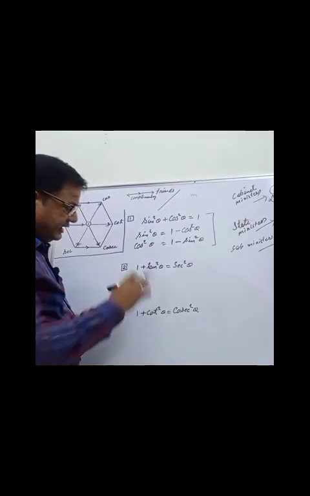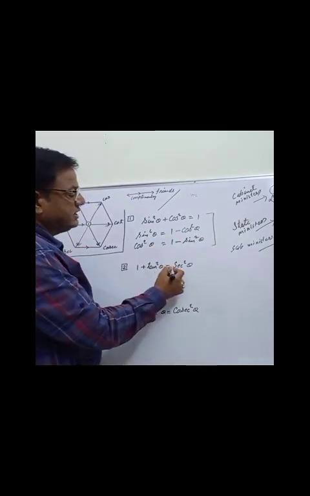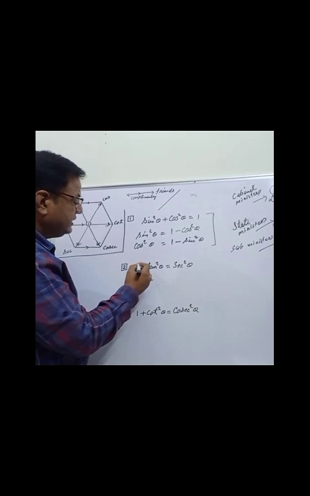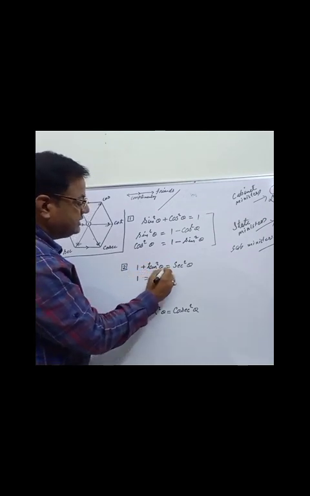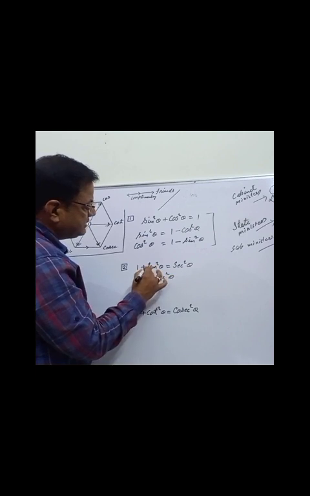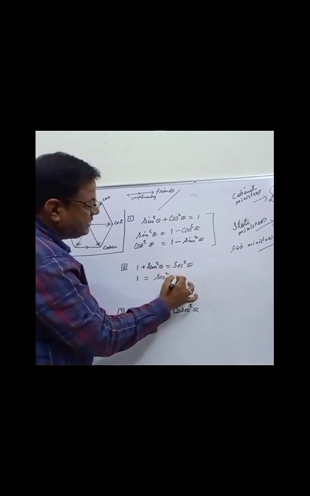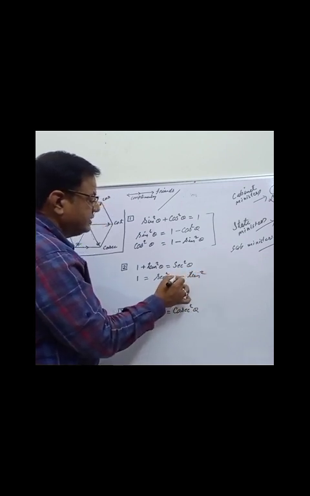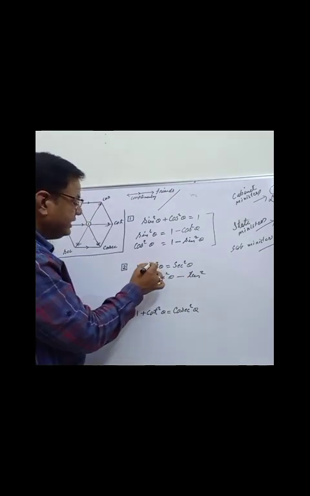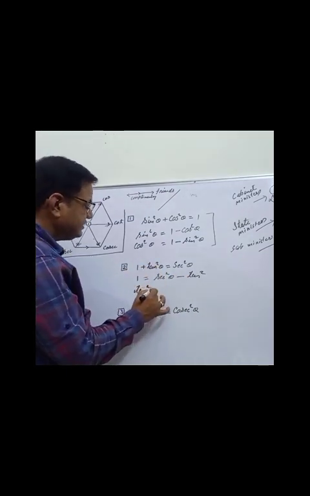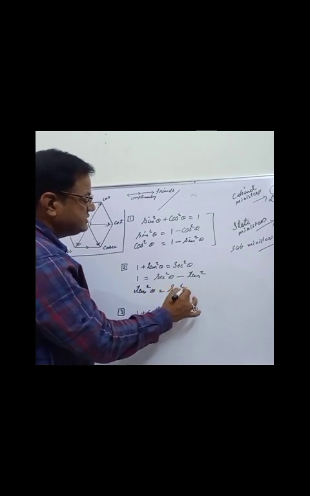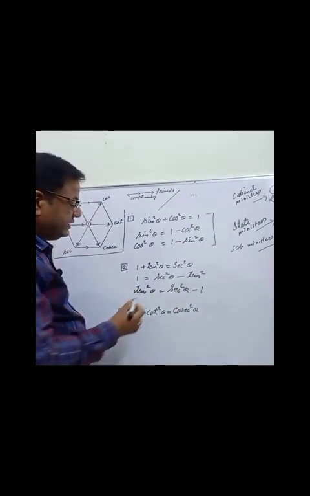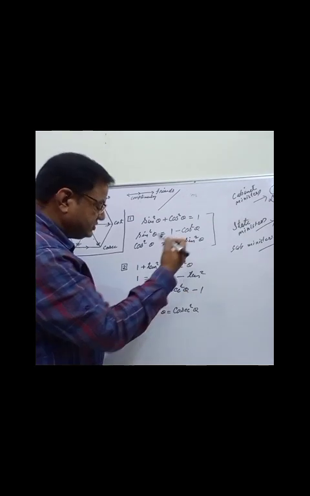Then the second one is 1 plus tan square theta equal to sec square theta. In transposition form, if we place 1 on this side, then sec square theta and tan square theta will come here, and tan square theta will have a minus sign. And if we place tan square theta here, then sec square theta and 1 will come here. So tan square theta equals sec square theta minus 1.